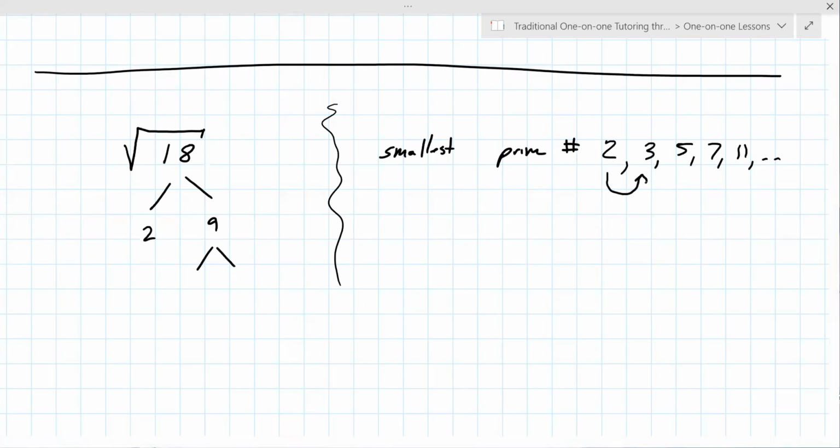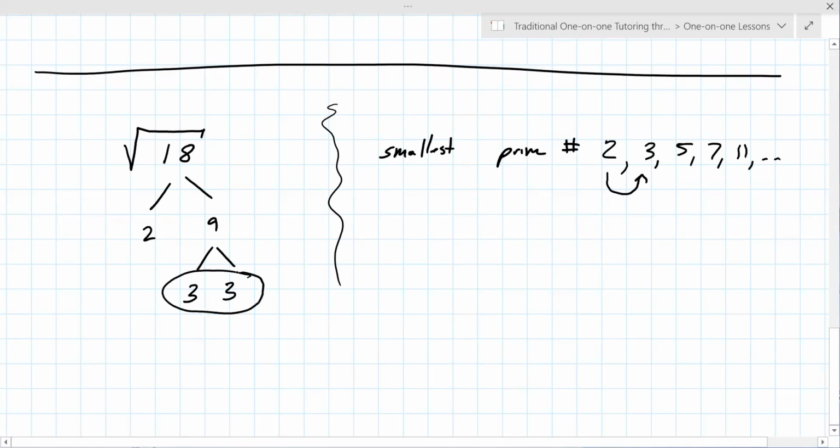The next prime number is 3. Is 9 divisible by 3? Yes, 3 and 3. So this time it's a pair of 3s. You bring the 3 out, square root of what's left over. What's left over is 2.